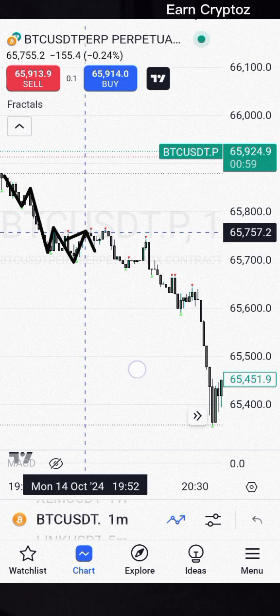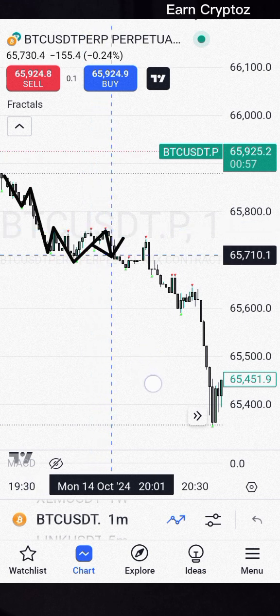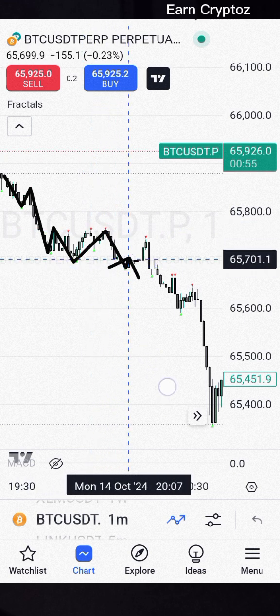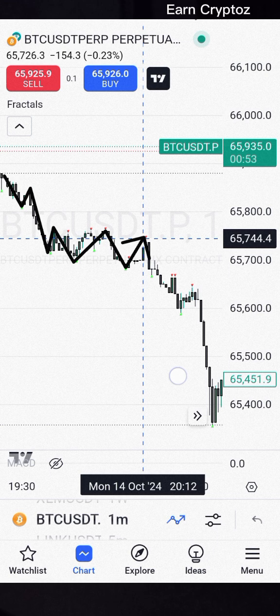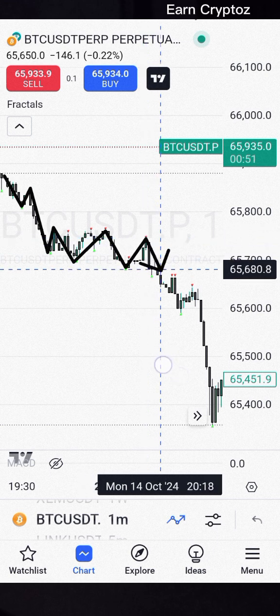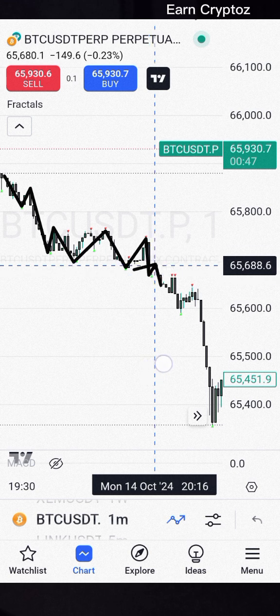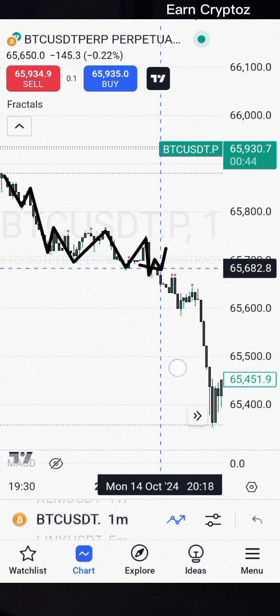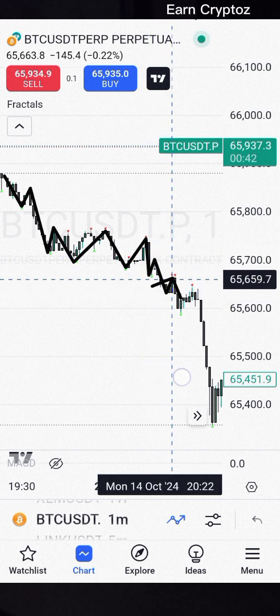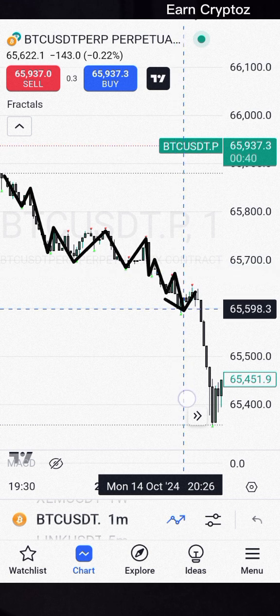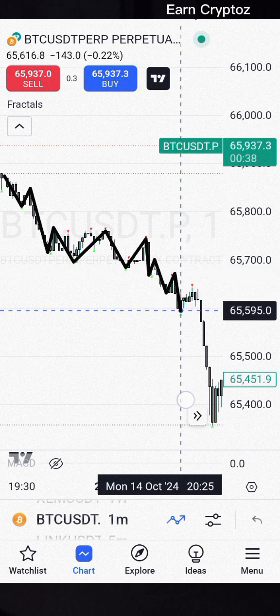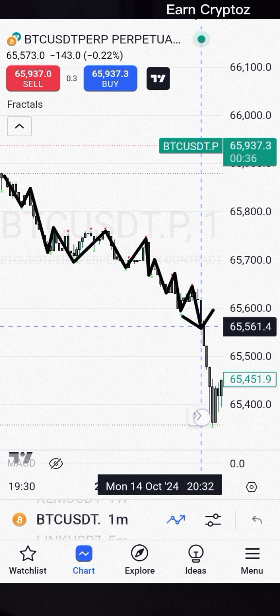Okay, and make sure you're marking accurately, because any mistake can cause loss of capital. So make sure you're seeing the exact pullbacks, the valid pullbacks, and identifying all of them, marking them out. So make it very clear.